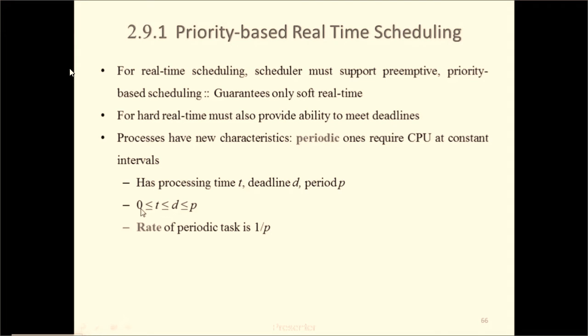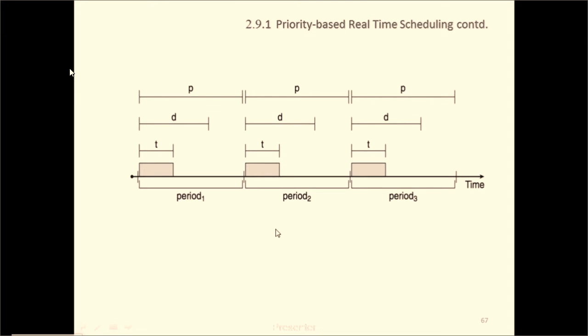So I feel probably this has to be 0 less than T, and then it can be less than or equal to D, less than or equal to P. That is okay. And the rate of a periodic task is 1 upon P. That means every 100 milliseconds the process comes back to the system and asks for CPU time.